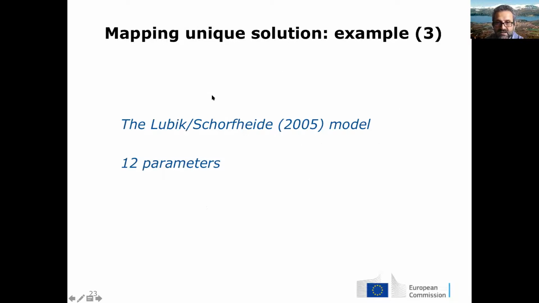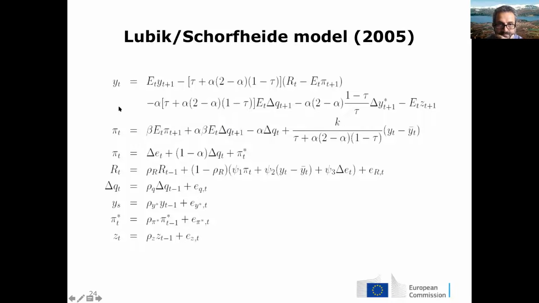This model is a small open economy model featuring an IS curve where alpha is the degree of openness, tau is the intertemporal elasticity of substitution, Q is terms of trade, Y star is the rest of the world GDP, Z is the productivity shock, I think.